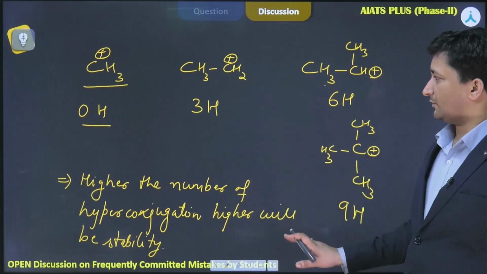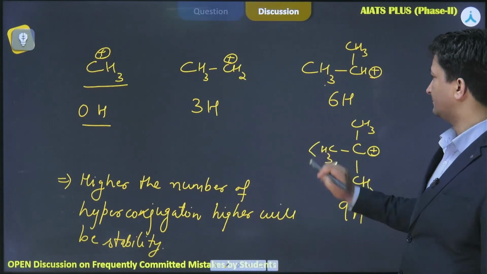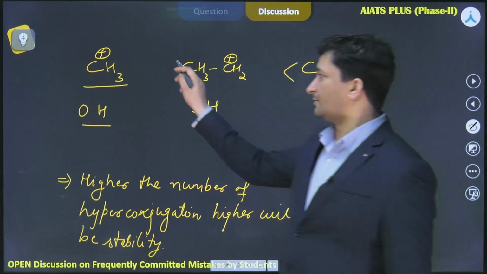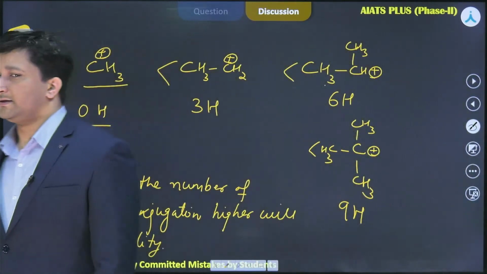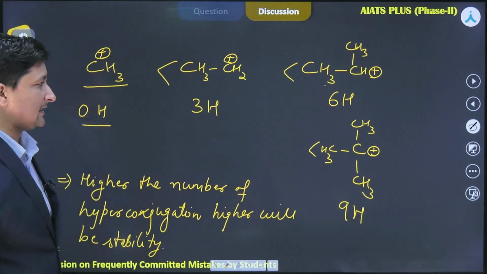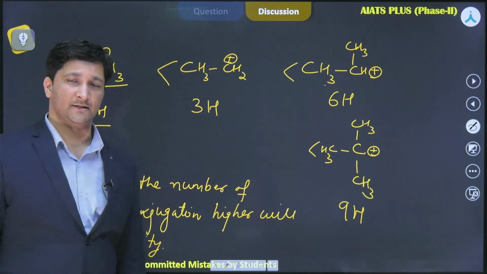This is the case which is going to happen. So this one is most stable, followed by this, and this methyl carbocation will be very less stable because it does not have a hyperconjugation structure.